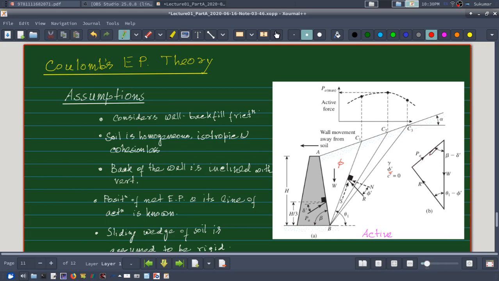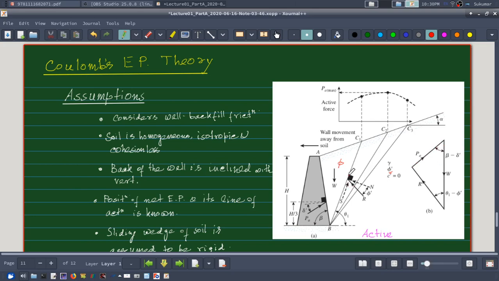So this is pretty simple, just your basic engineering mechanics tool we are using here. The force polygon we are drawing, since I know the direction of the three forces and I know the magnitude of one of the forces, it is possible for me to find out the magnitude of the other two forces simply by drawing this force triangle, and from here I can find out the active earth pressure.